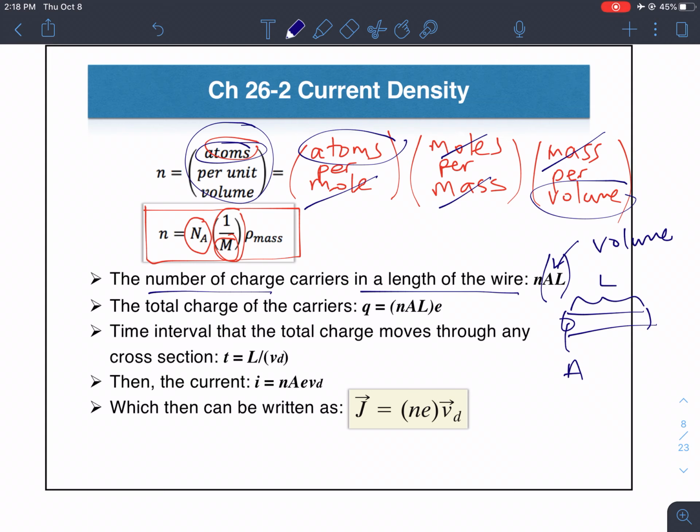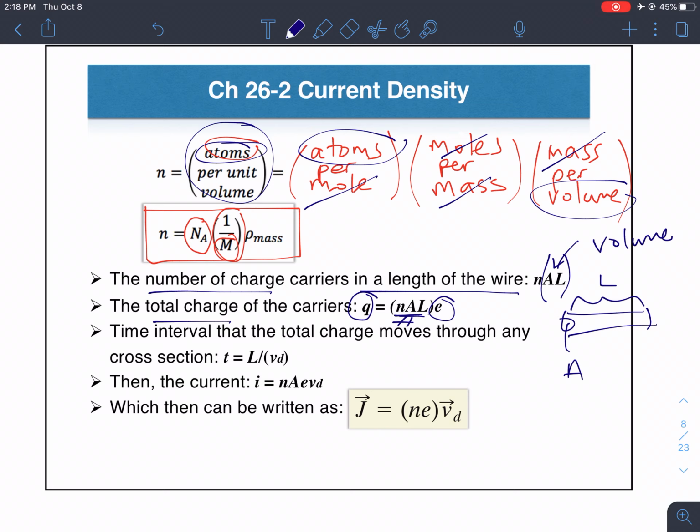Okay, so you have like 1.6 times 10 to the negative 19 coulombs as the one electron. And how many of them do you have? That little n times A times L gives you that. So you're multiplying with that number. So this is just a number. And then when you have that many conduction electrons, you can find your total charge.